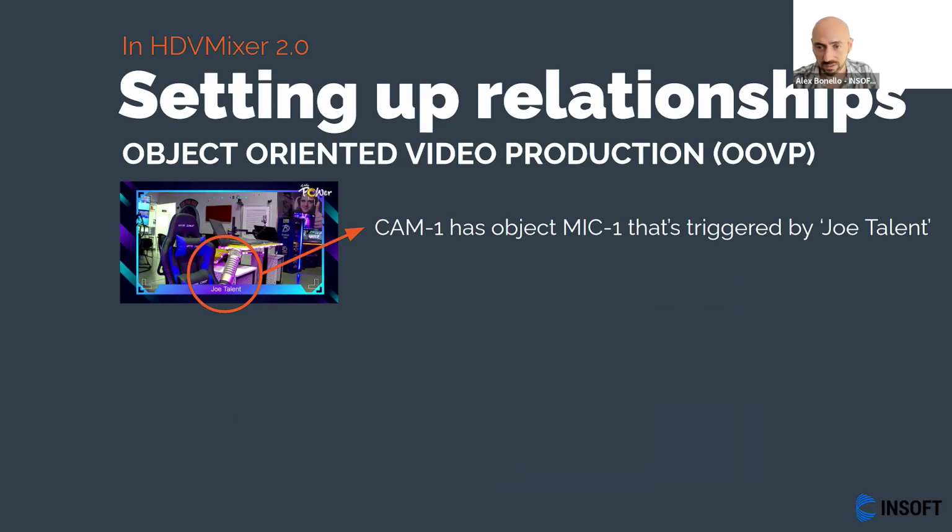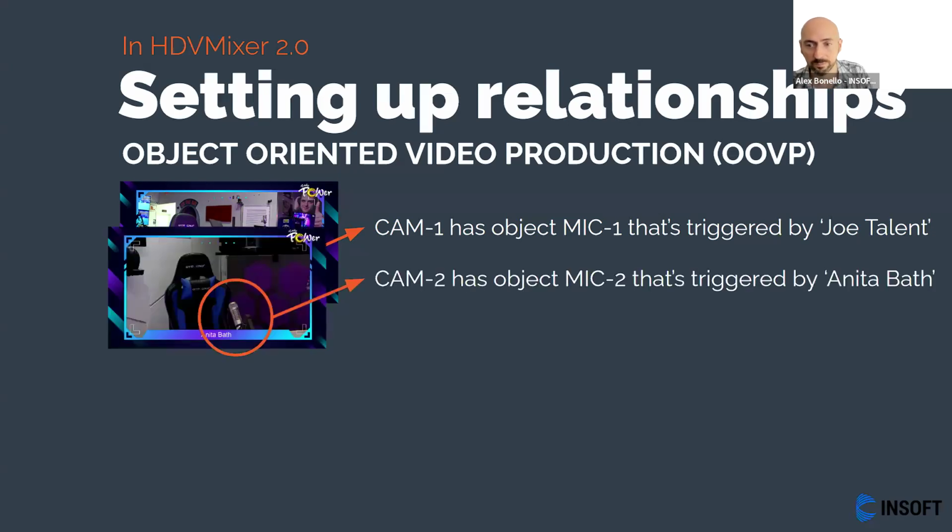So let's give some examples. If I have a scene showing camera 1, the AI now knows that that microphone is microphone number 1. And if she sees activity in that microphone, she knows that Joe Talent is talking, and she will populate the lower third with the name Joe Talent, and will switch to this scene whenever he's talking.